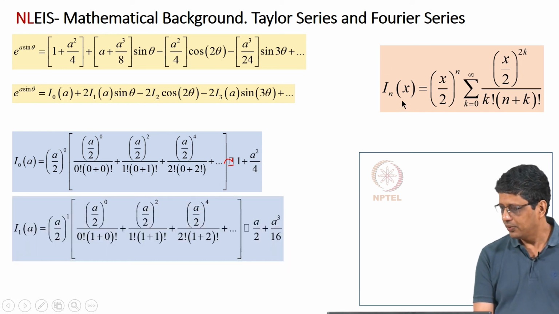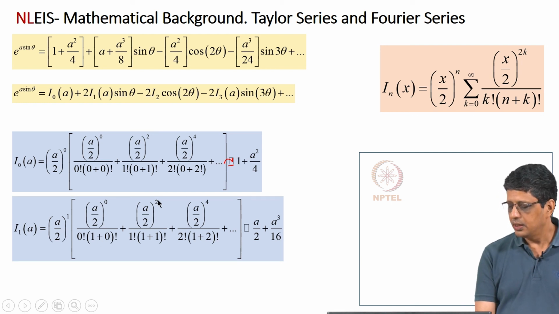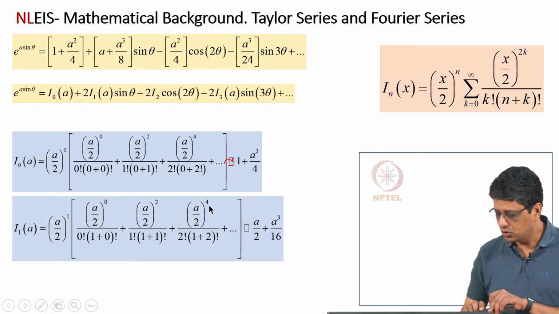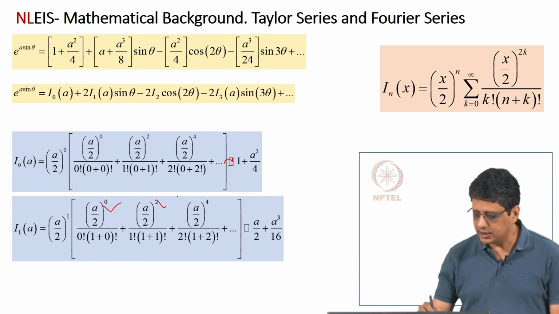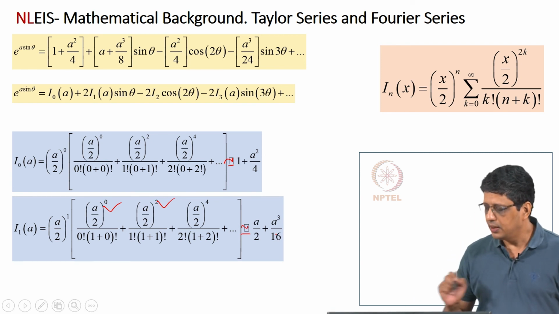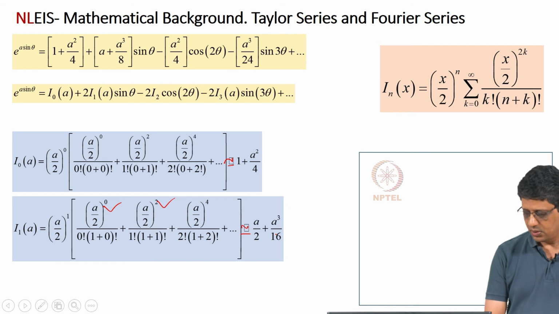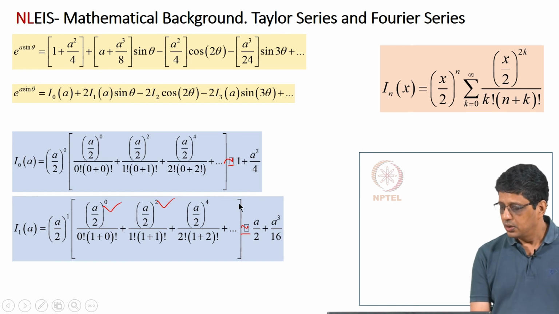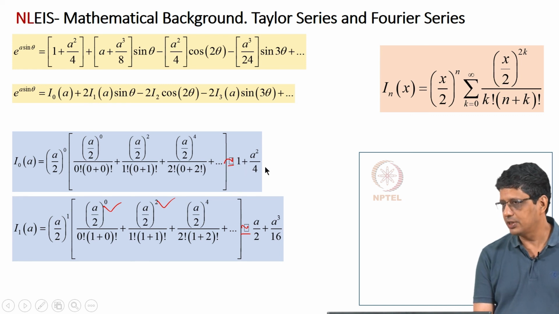For I_1, this is a by 2 multiplied by a constant, then an a squared term; the power 4 term we are going to neglect. So we take only this term, and approximately this is a by 2 and a cubed by 16. Now, you have to remember the I_0 term corresponds to 1 plus a squared by 4, and this comes correctly.